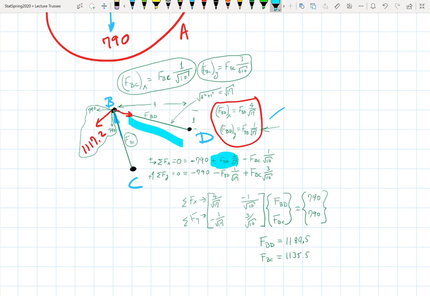F_BD, I have it going this way, so I have a plus going to the right. I have it going down. I have a minus 790 and a minus 790. I don't see anything wrong here with this.